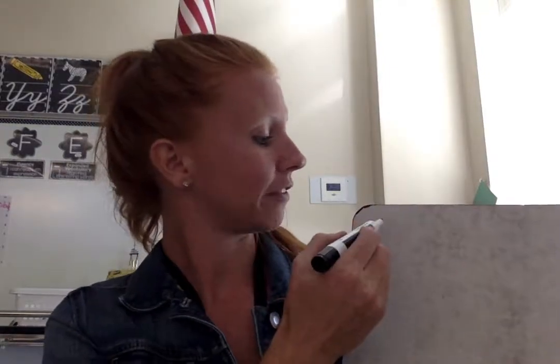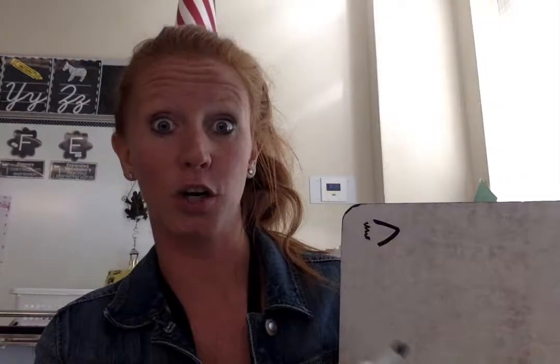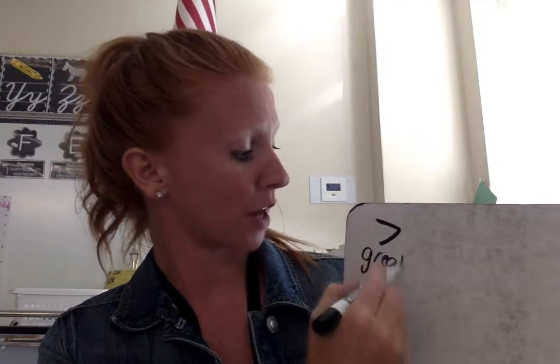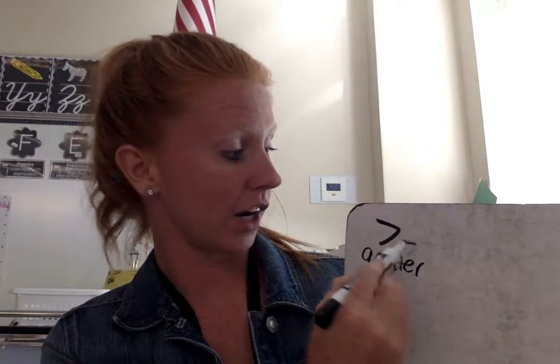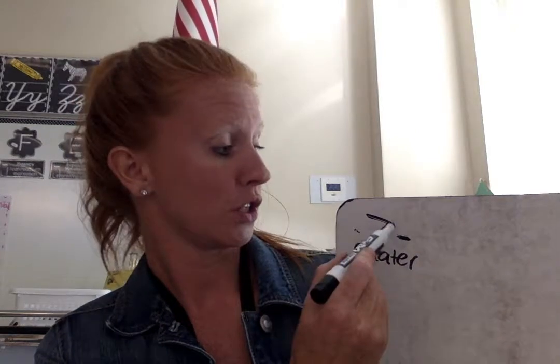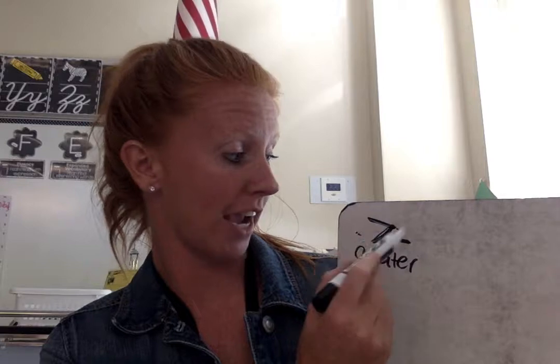So our signs when comparing numbers, we have this sign, which is greater. That means the greater number is going to be over here with the side that is bigger. And the smaller number would be over here where there's a smaller side. Bigger number, smaller side.